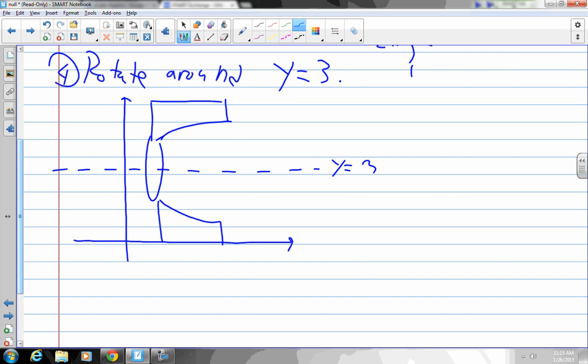So we're getting something like that, right? Now again, just the way this region was laid out, it's beneficial to keep setting it up as a dx integral. Now in this case, we're going to go for the washer method.